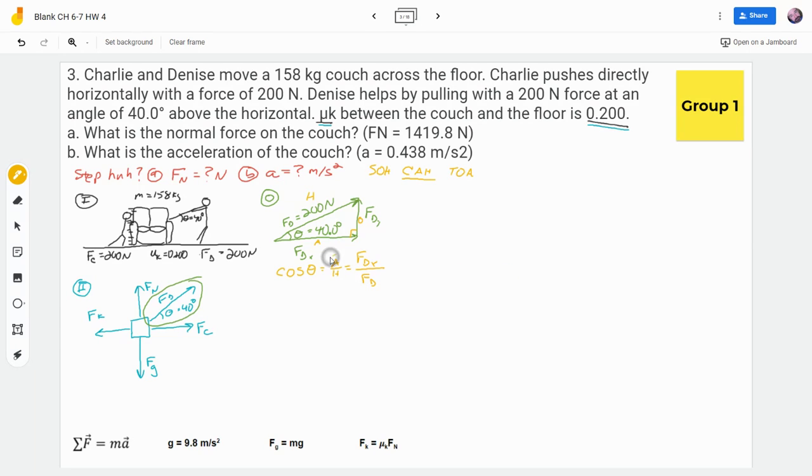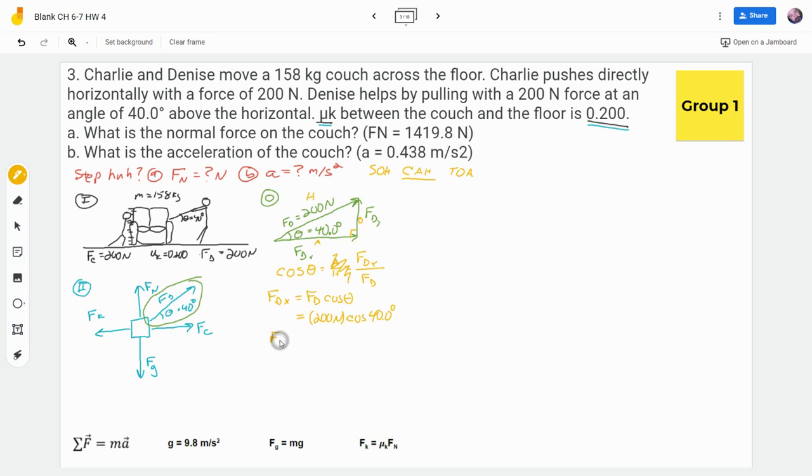Okay, I'm going to lose this middle part here. I don't need that anymore because I have this. I'm trying to solve for F sub dx. So what this is going to give me is F sub dx is equal to F sub d times cosine of theta. Okay? F sub d is really equal to 200 newtons times cosine of 40.0 degrees.